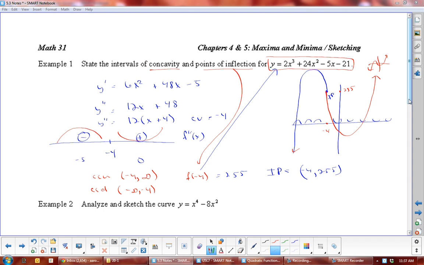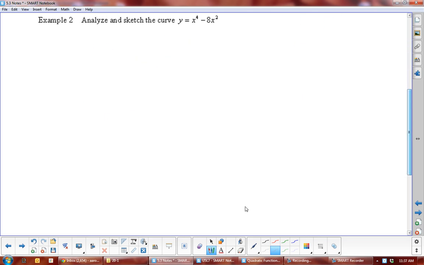Okay, so this one, we're going to see if we can sketch this entire graph without a graphing calculator. Even things like domain and range. What would be the domain of this?